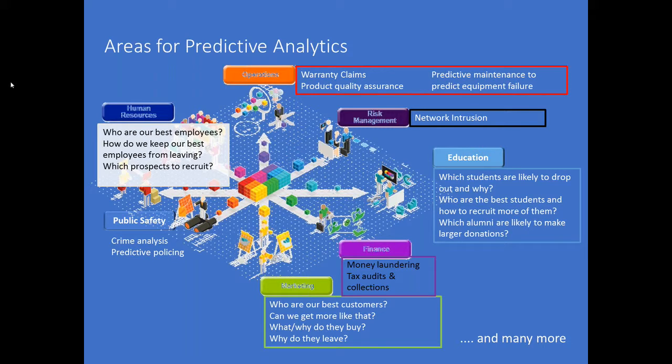So, using a product like SPSS within your organization, you can look at things like distance to work, job satisfaction levels, and hierarchy, and things like that really help in building your model and making it more accurate.